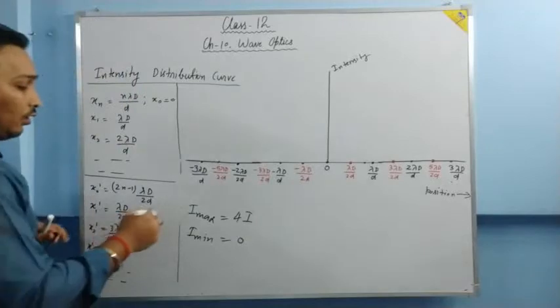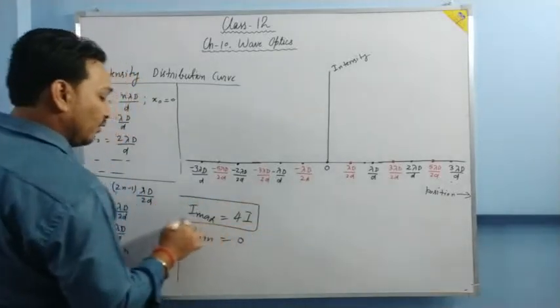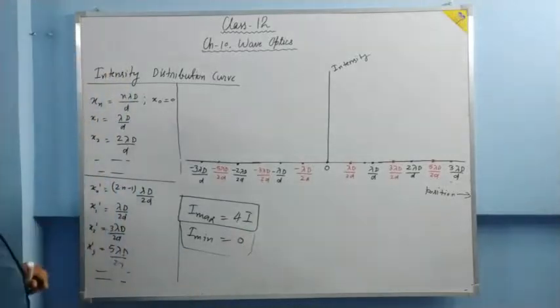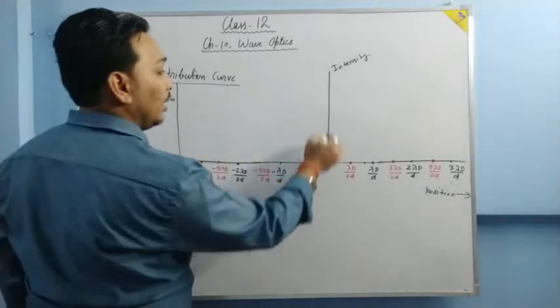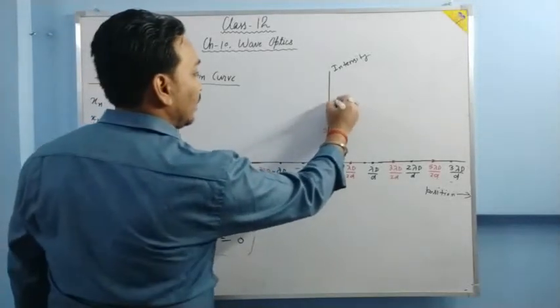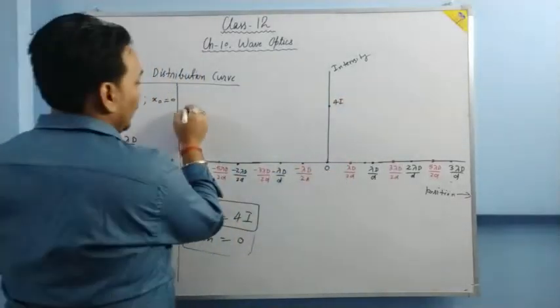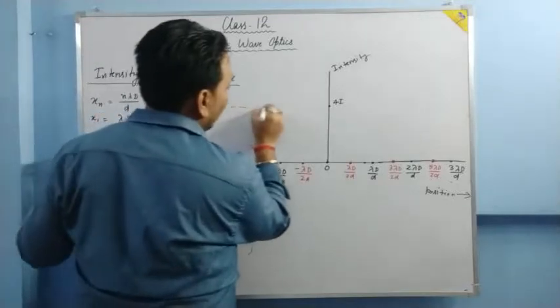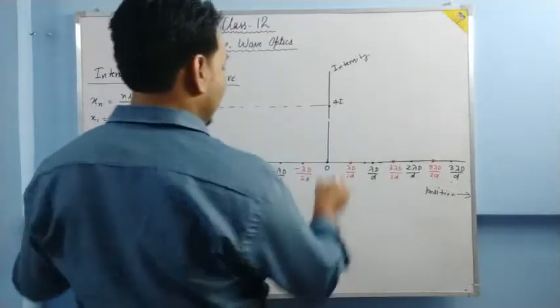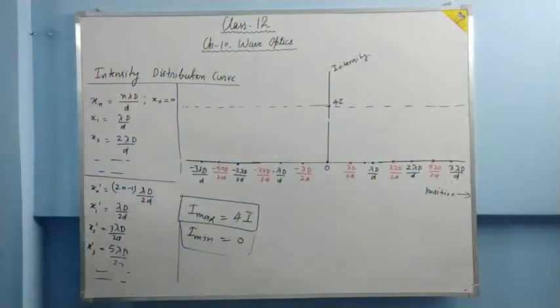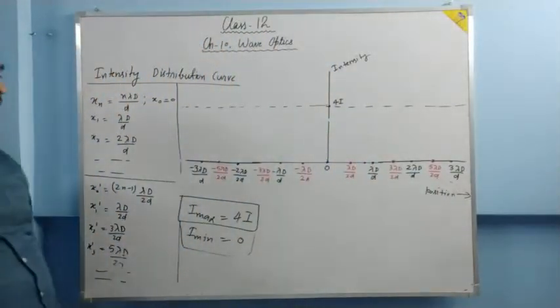Now all the maximum intensity is equal to what? 4I, and all the minimum intensity is 0. So minimum intensity will be here only. Maximum intensity is somewhere here. Let it be 4I. Okay, so all the maximum will have same intensity. Is it clear? All the maximum will have same intensity.